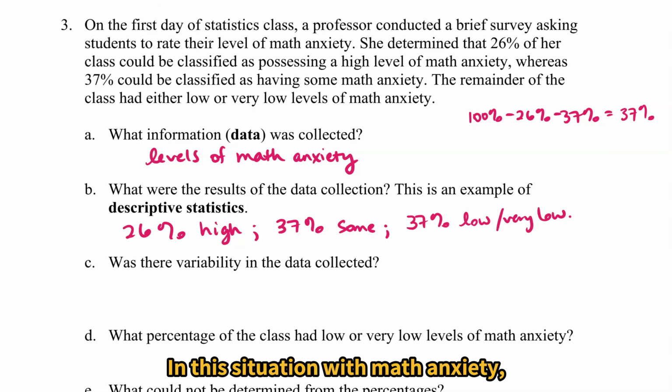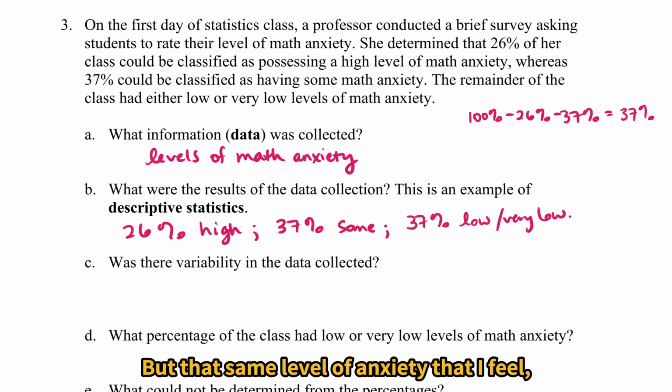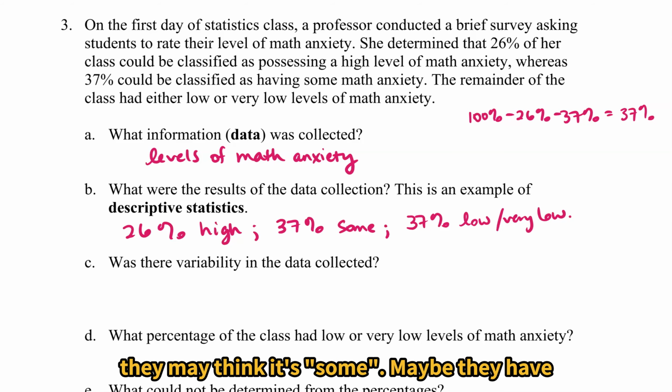In this situation with math anxiety, my perception of math anxiety may seem high to me, but if someone else feels that same level of anxiety, they may think it's some.